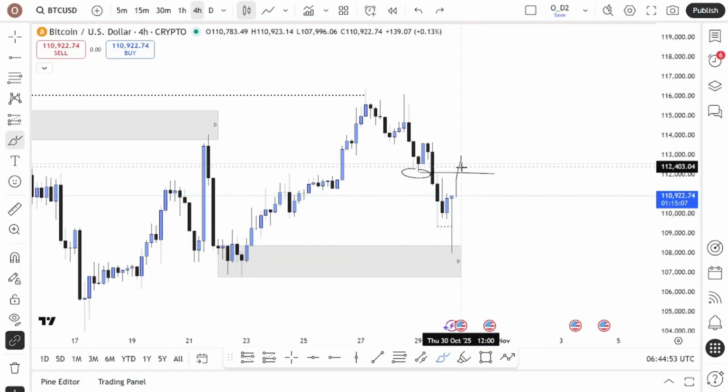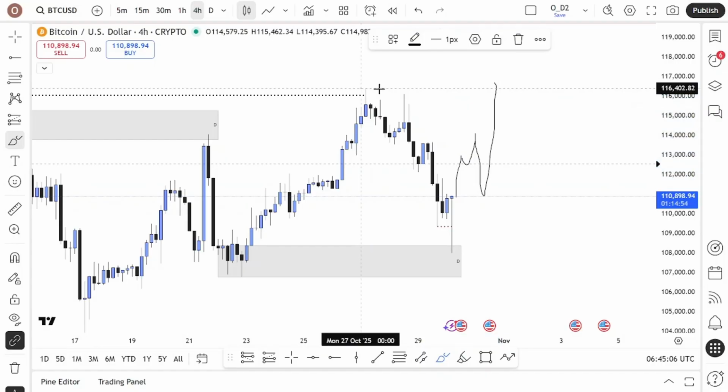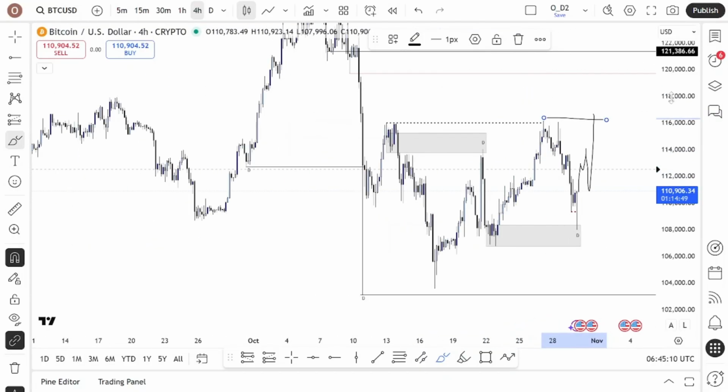Else, if price comes into this level and then it fails, then I can reclaim, or we have this, and then I buy back to the upside to clear this high, and also targeting this level.